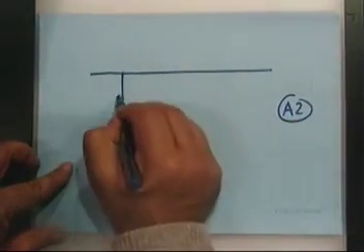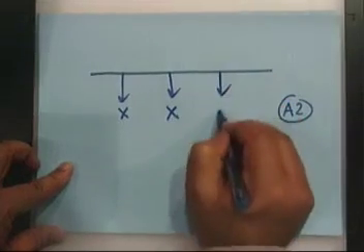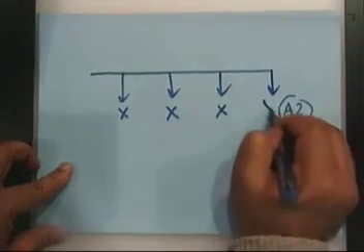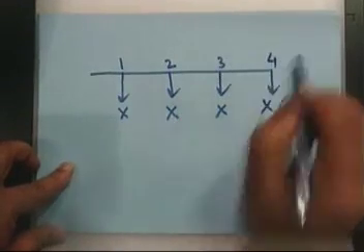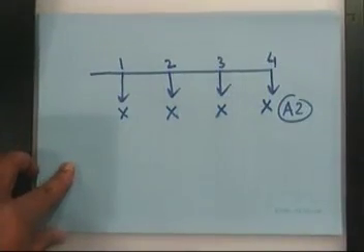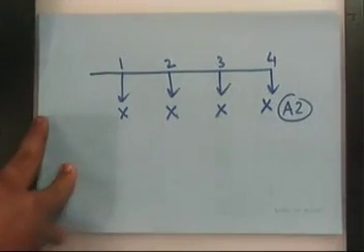So, here it is x, here it is x, here it is x, and here it is x. So, year 1, 2, 3 and 4. You understand from where this x is coming as far as asset 2 is concerned.